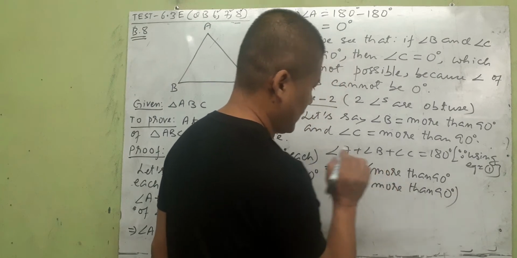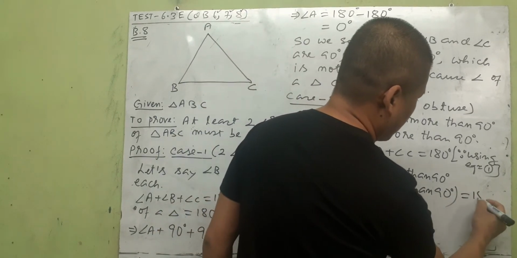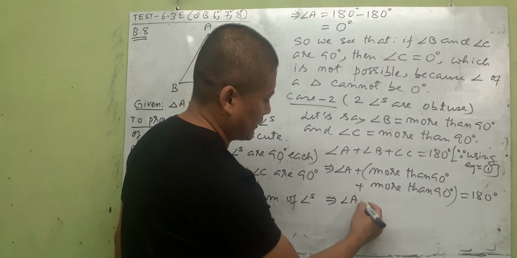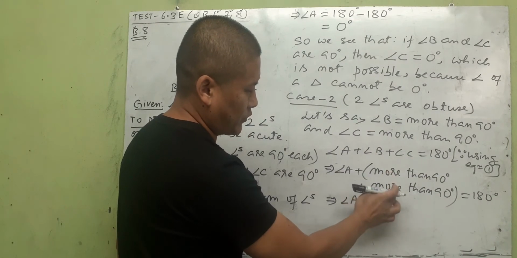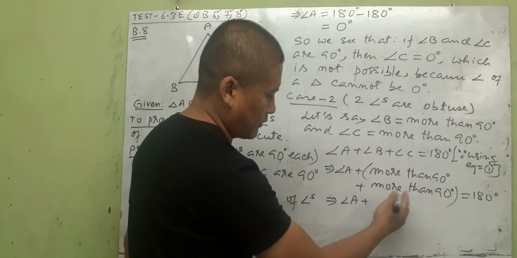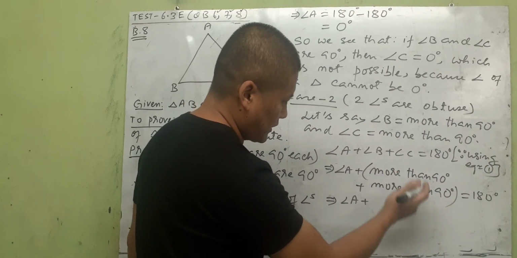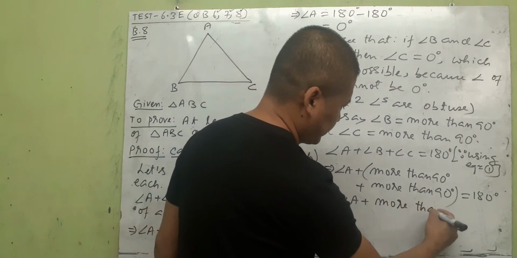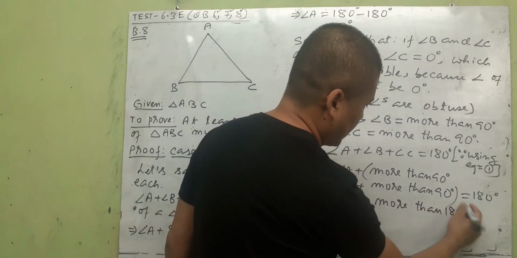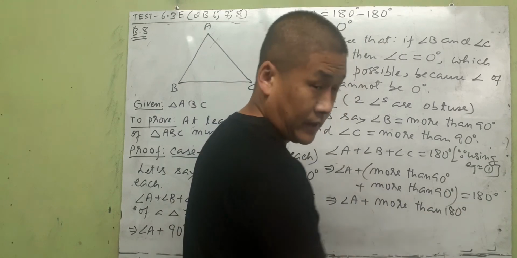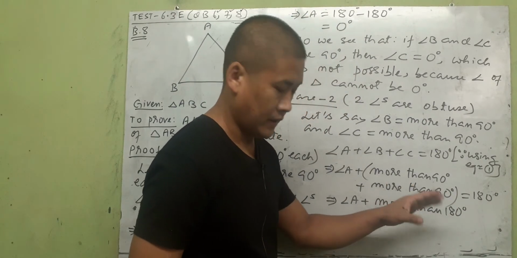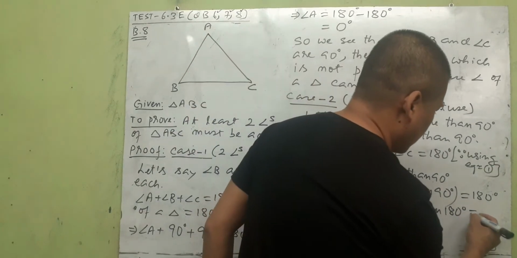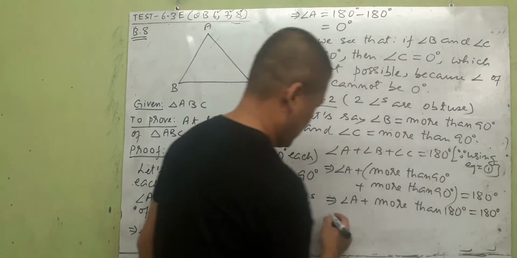So these two together, more than 90 plus 90, equal 180 degree. So we'll use our common sense here. If B is more than 90 means 90 plus 90, 180. So B plus C is going to come out as more than 180. Both are more than 90, so the exact value, even if you don't know, surely it will be more than 180, and this equals 180 degree.